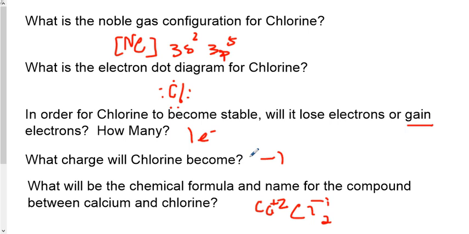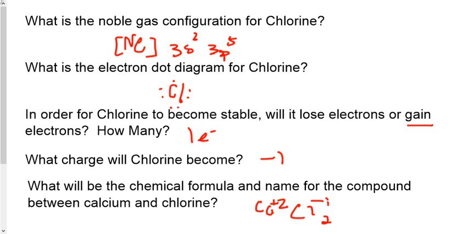So if chlorine gains 1 electron, then it'll be negative 1 in charge. So what's the formula for calcium chloride? Remember before, we wrote calcium positive 2, chloride minus 1, and then we crisscross the charges. So a 2 would go down here and a 1 would go down there. That would be the chemical formula for calcium chloride.